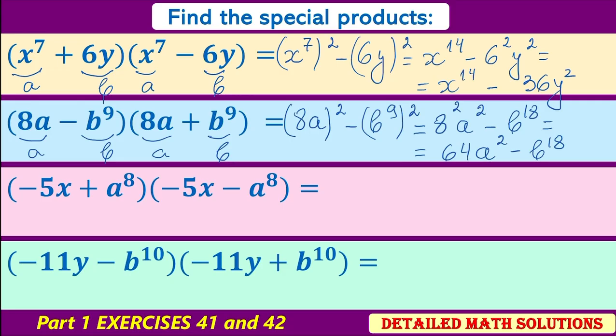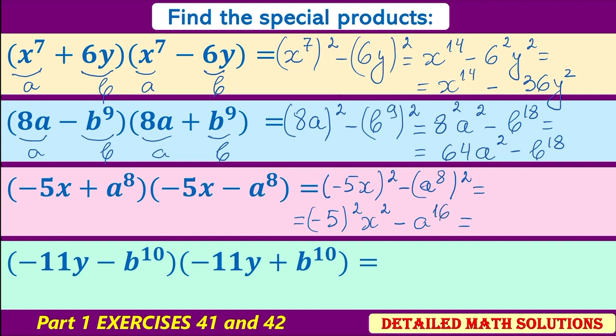Again, when I apply the formula for this exercise, I have minus 5x in parentheses squared minus a to the 8th power in parentheses squared, which equals minus 5 in parentheses squared multiplied by x squared minus a to the 16th power. This equals 25x squared minus a to the 16th power.